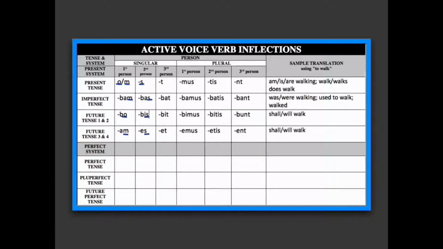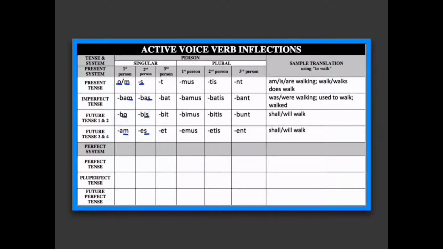Now let's talk about the third person singular, which represents the subjects he, she, or it. Remember that when you see the ending T on a verb, that verb has the subject he, she, or it. But you might also have as the subject of a verb that ends with T a noun in the singular form, like girl or horse or servant or master. When you see a nominative singular noun in the sentence, you will not use the pronoun subject he, she, or it.